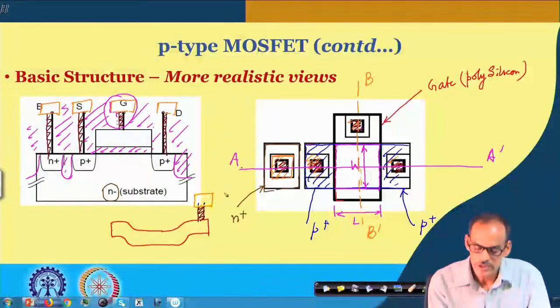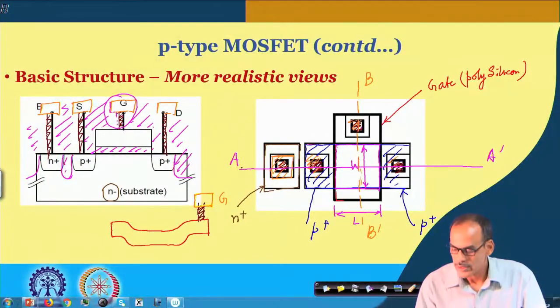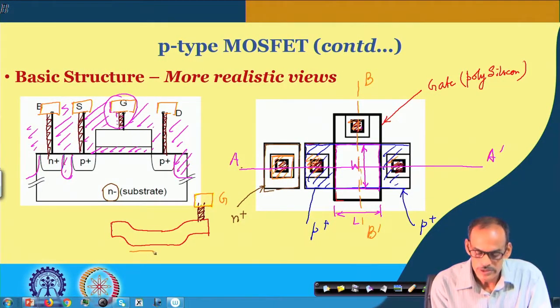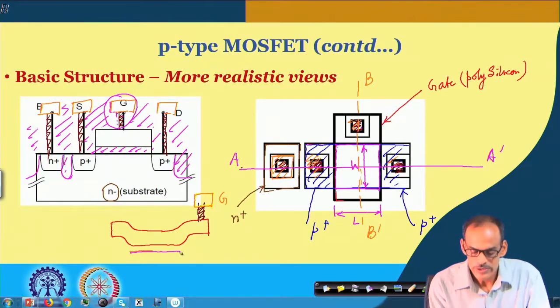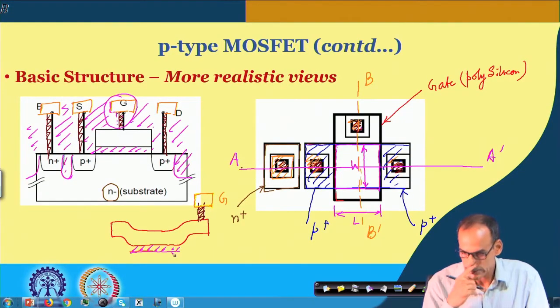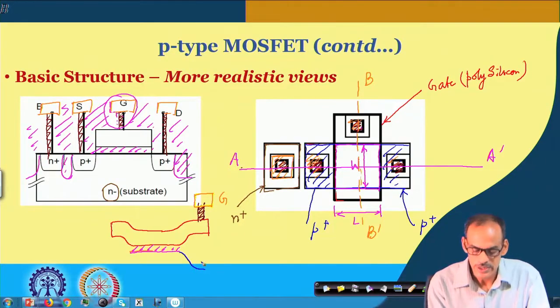Yeah. So, this is the gate connection, and underneath we do have the channel portion. So, we can see that here we do have the thin oxide below the gate region, but beyond this, this thin oxide is further getting extended like this.